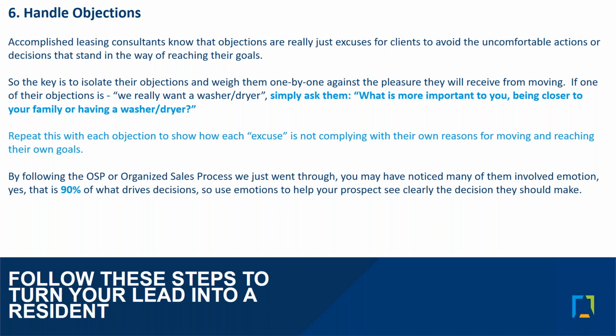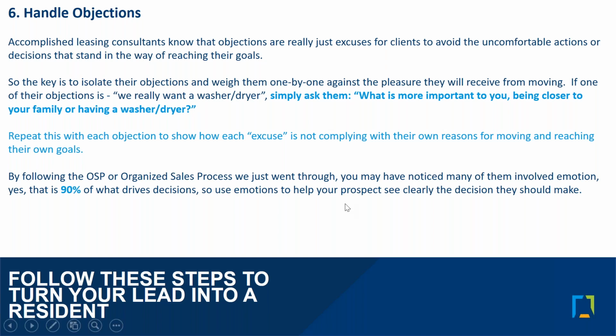So by following the OSP, or the organized sales process, or the 3 Ps, person, pleasure, pain, you may have noticed that we've talked about this before, that they're all involving emotion. And that is 90% of what drives decisions, that the emotions help your prospect actually see the decision that they should make.